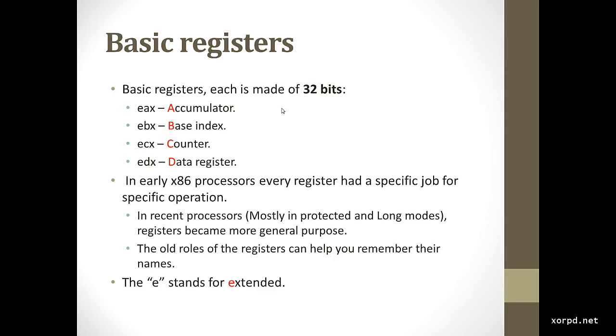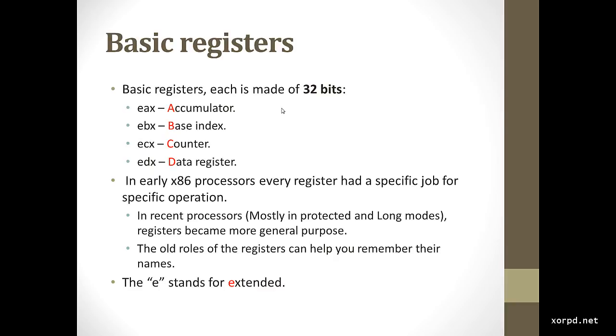But these days, mostly with the x86 for 32 bits and the protected mode, these registers are more general purpose. That means that almost each of them can do the jobs of the others. It is true that for some specific jobs, EAX might be faster than ECX. And for some other specific jobs, ECX might be faster.